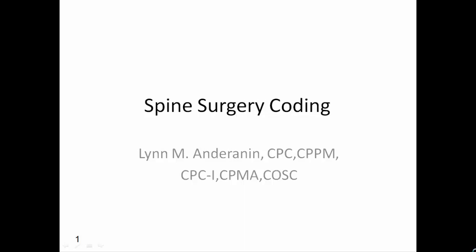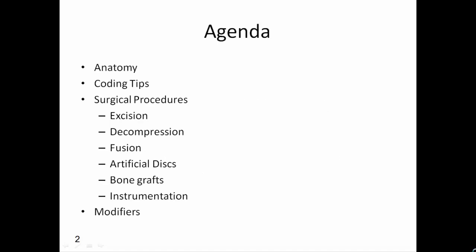So if we look at slide number 2, let's talk about the agenda for today. First, we want to talk a little bit about the anatomy of the spine, because that's critical in choosing the appropriate codes. Then I want to give you some coding tips on what I use.